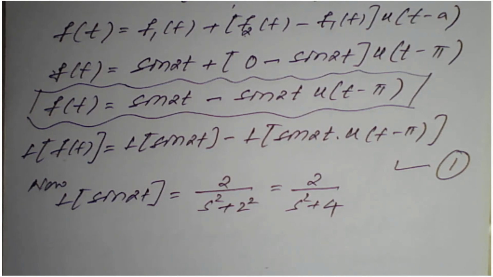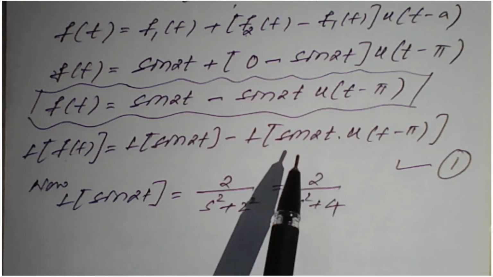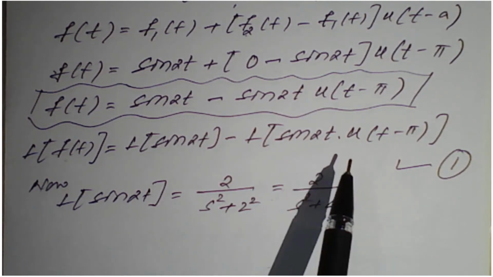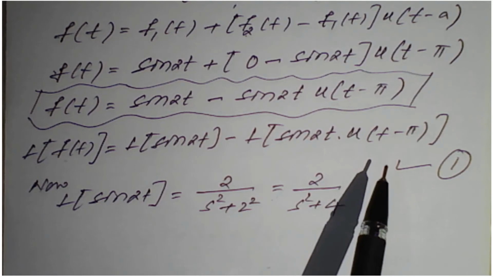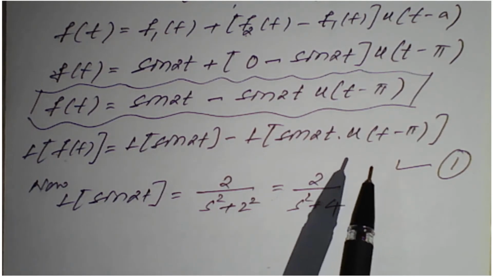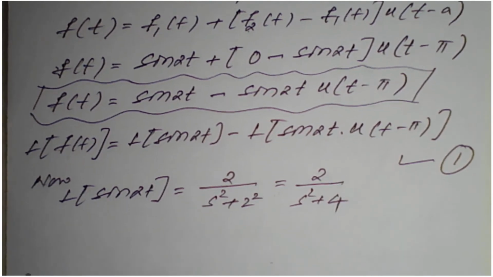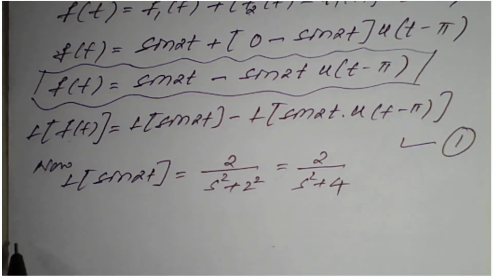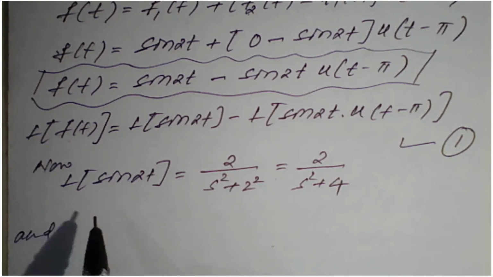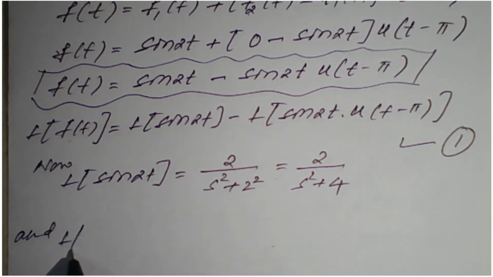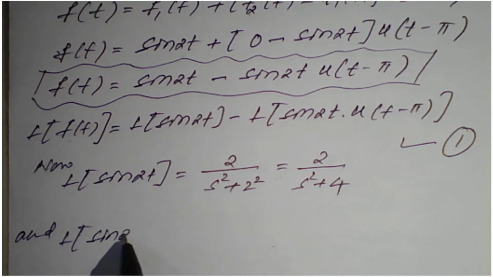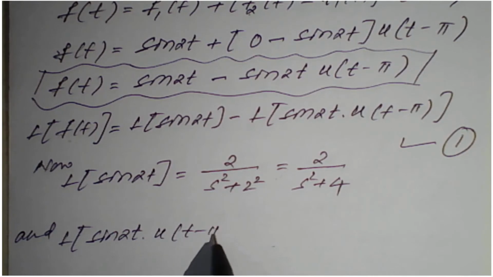Now we need to simplify the second term, that is Laplace transform of sin 2t into u of t minus pi, using the unit step function. So therefore, Laplace transform of sin 2t into u of t minus pi.